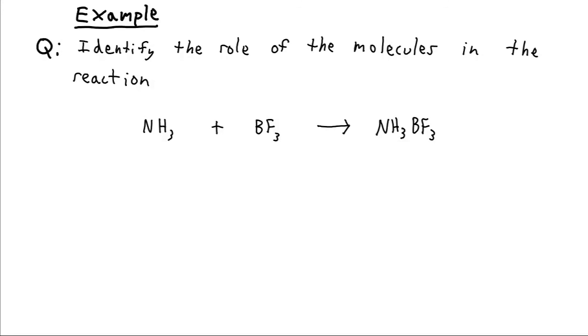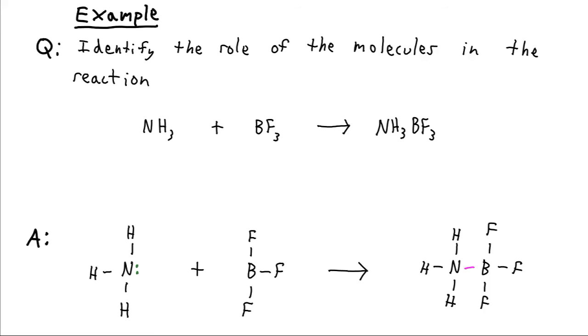Okay, well, let's look at a reaction where we have ammonia react with boron trifluoride to produce this ammonium boron trifluoride. If we draw the Lewis structures for these, then ammonia here has this pair of electrons available that it can donate.